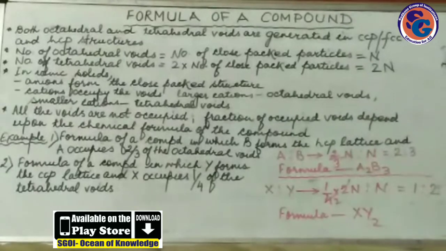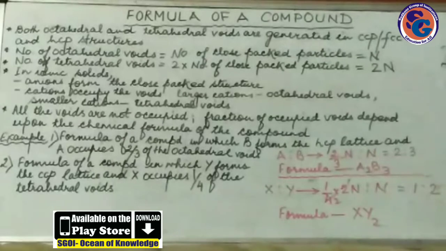To understand these particular things and how to generate the formula of a compound, I have written 2 examples. So let us go to the first example. It's a question in which we have to find out the formula of a compound which comprises of 2 elements A and B, in which the element B forms the lattice structure.